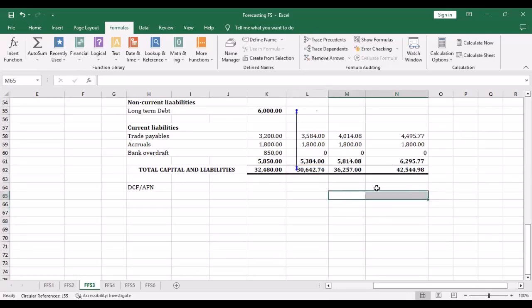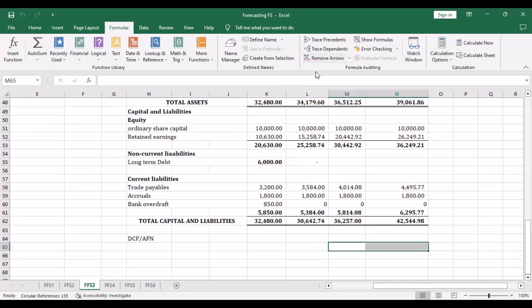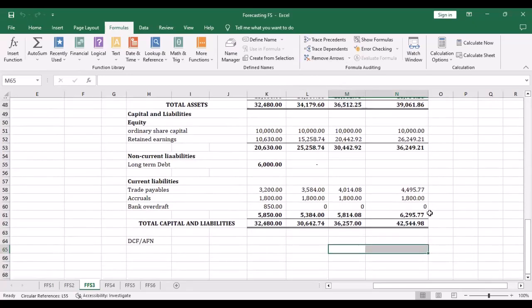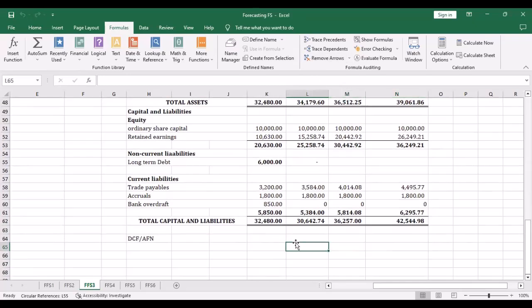It is not taking, that's the problem with the cell referencing in Excel, isn't it? So maybe the first one will take us an amount, 34,179.6 minus this one, isn't it? Sorry, I forgot to do the equal sign. I don't know what's happening.